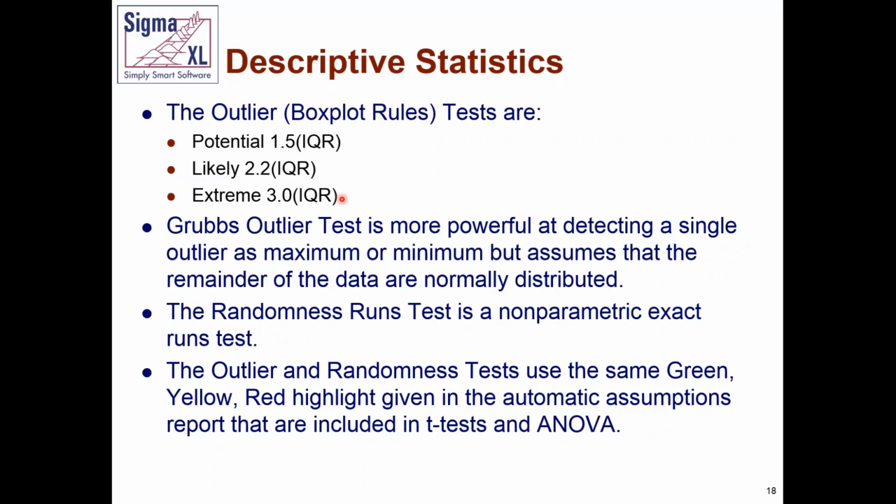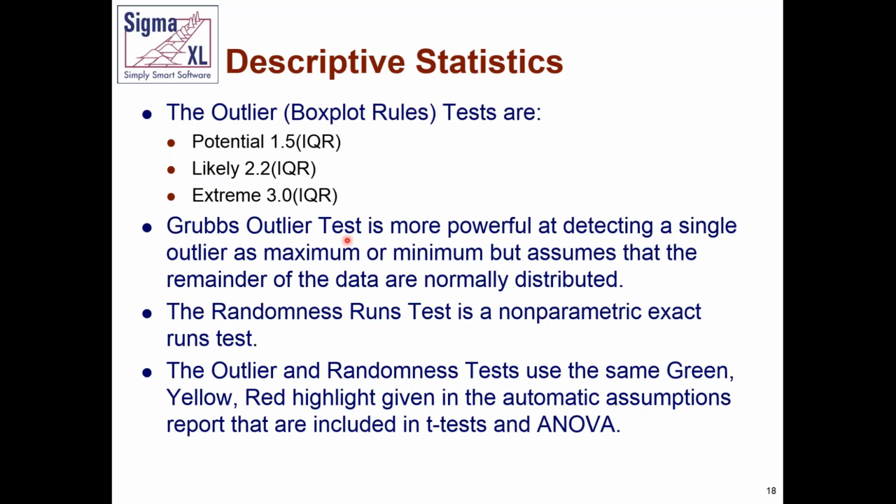You see these in the Boxplot rules, though we don't actually have the likely in the Boxplot, so this is given in the report. This is the same as what you get when you do the assumptions test on a one sample T, a two sample T test, or an analysis of variance.